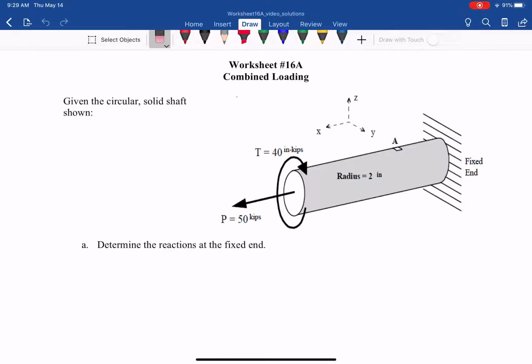So we can draw the free body diagram for that shaft to determine the reactions at the fixed end.